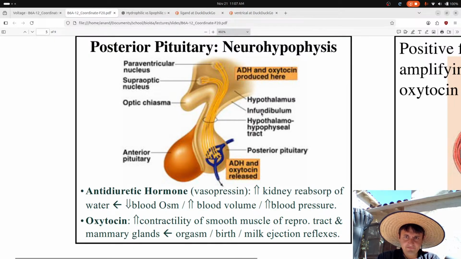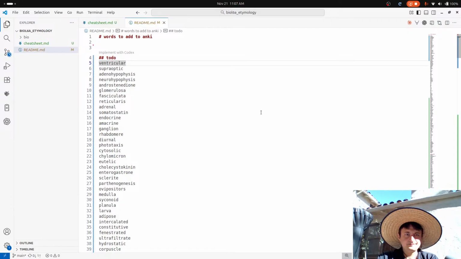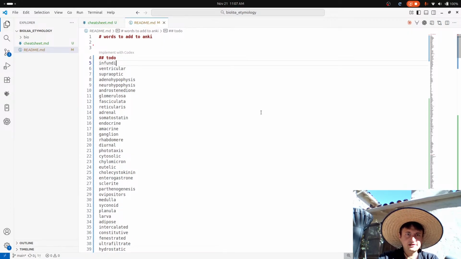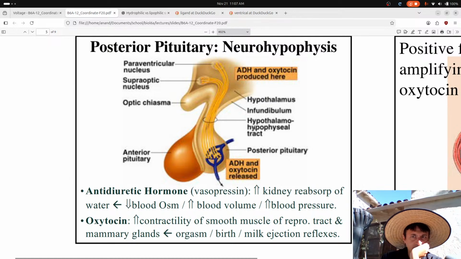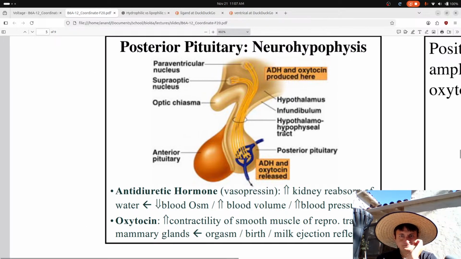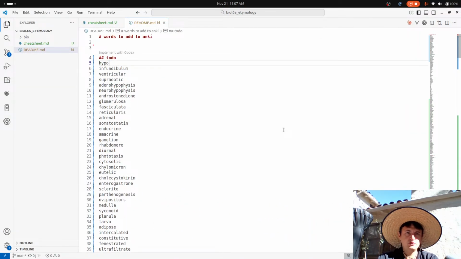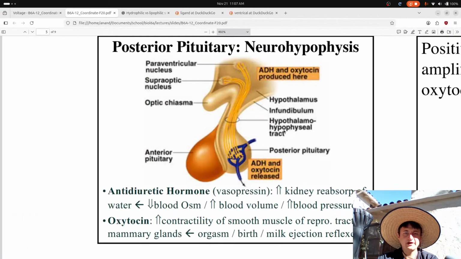Hypothalamus, infundibulum. Hypothalamo-hypophyseal tract. Hypophyseal. I don't know what physeal is.